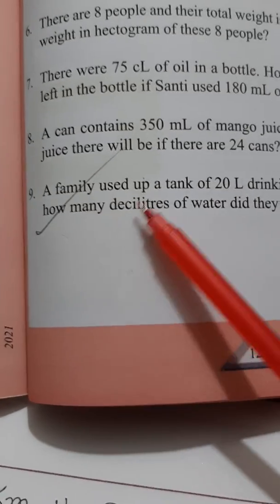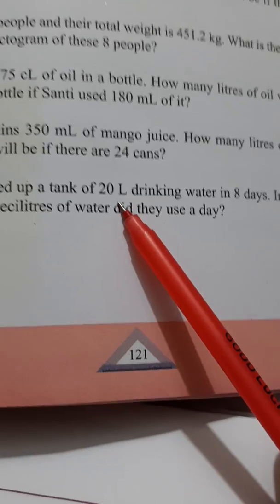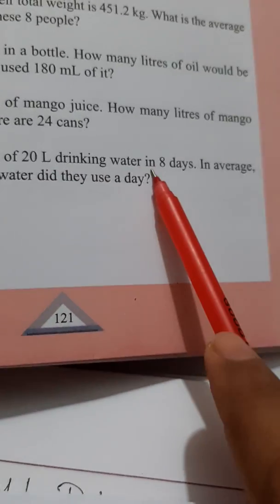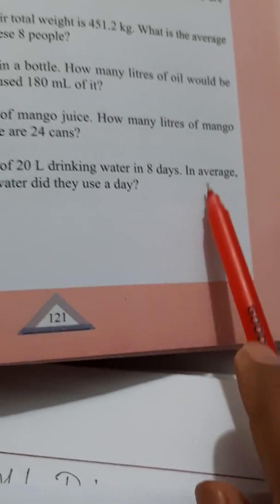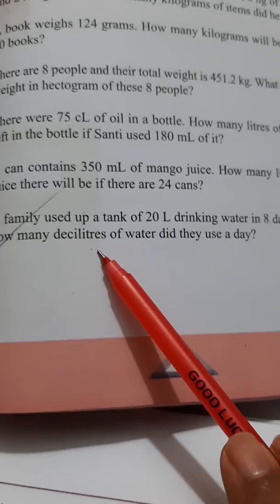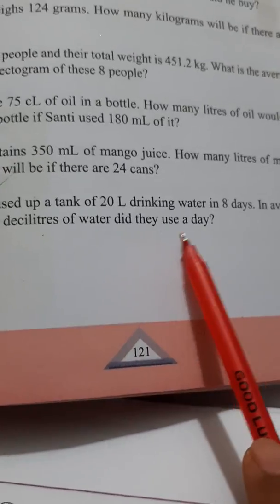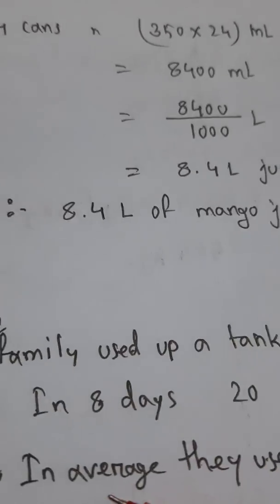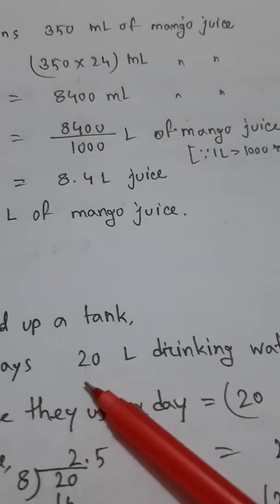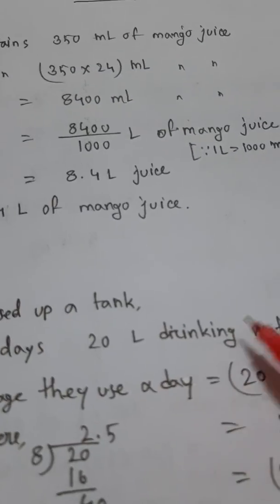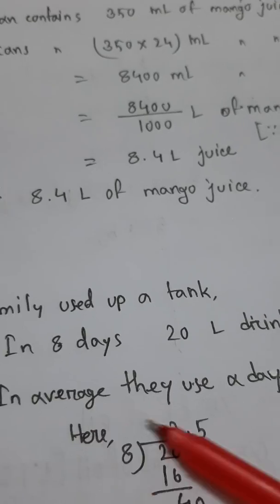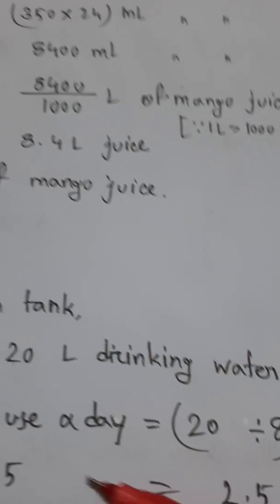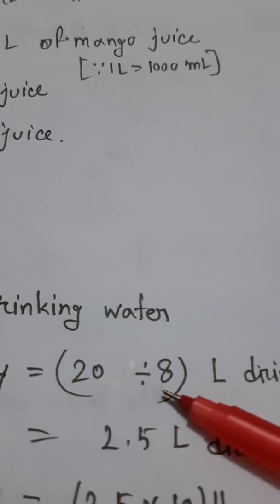Number 9. A family used up a tank of 20 liters of drinking water in 8 days. On average, how many deciliters of water did they use a day? The family used 20 liters of drinking water in 8 days. On average, they use 20 divided by 8 a day, which is 2.5 liters.